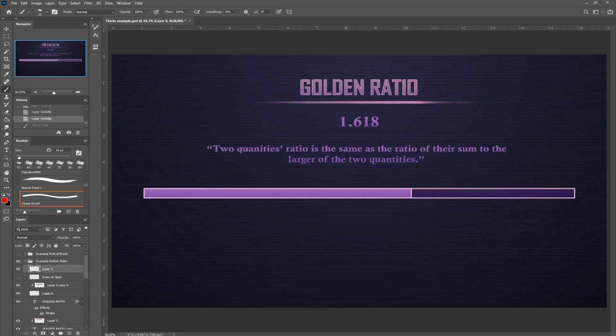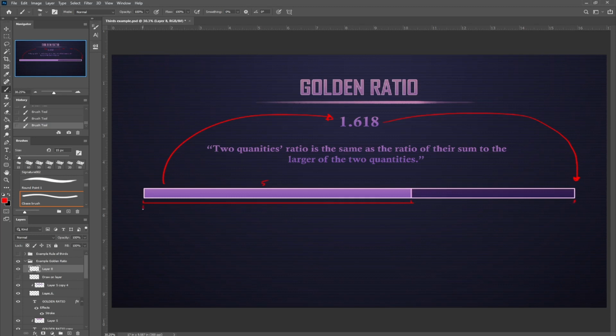Basically, what all these smart words mean is that this size, let's say this is 5, a measurement of 5, and if we times this 5 by 1.618, we get the rest of this measurement to here.